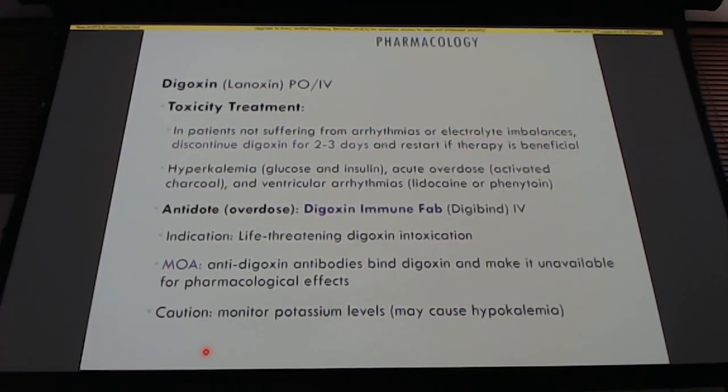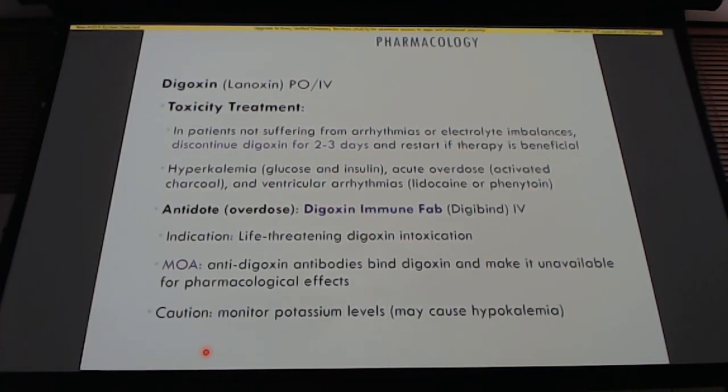Remember, when we bind to stuff, we're in a committed relationship, we're stuck. No action is happening, okay? So I stop my medication and then I give them Digibind. That is your antidote that you have. Remember that I still have to look out for this potassium. When you think about digoxin, just think about your potassium, because it is just all over the place. It's always messing up what we have going on, okay?